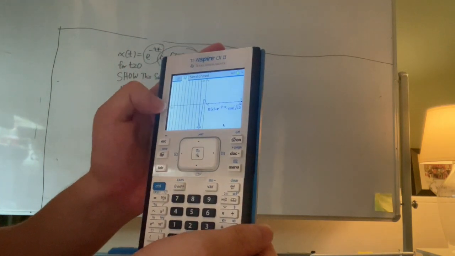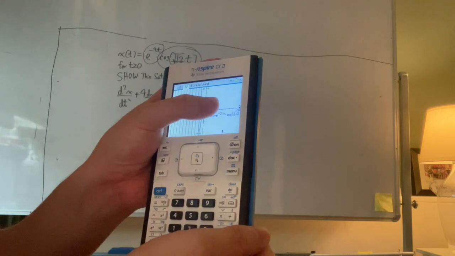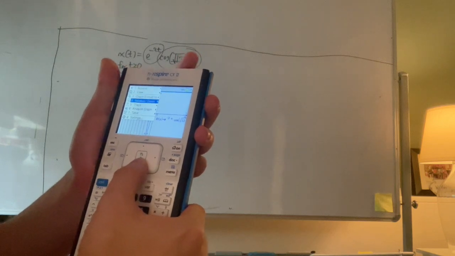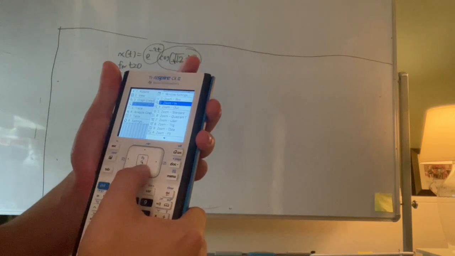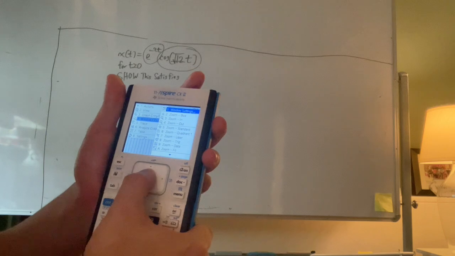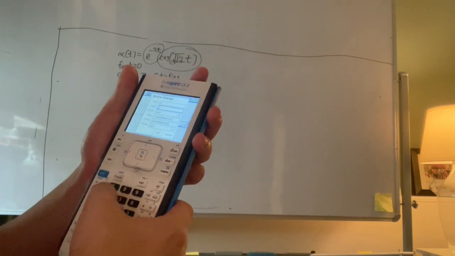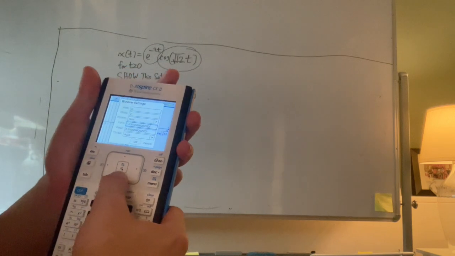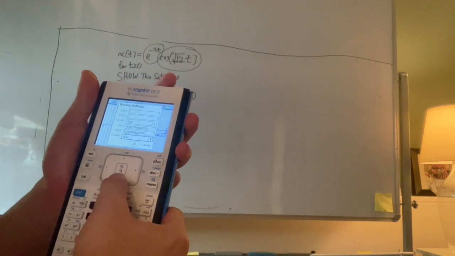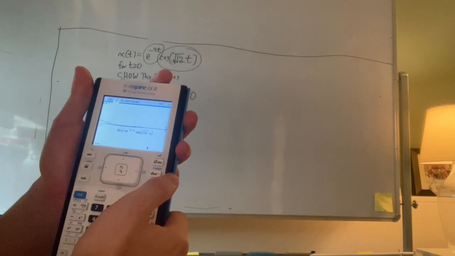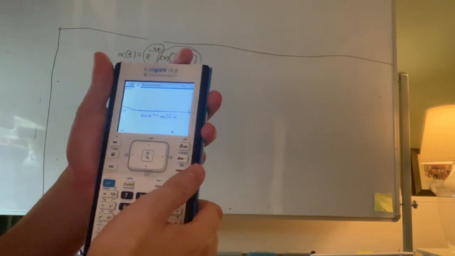Okay, we don't care about the stuff in the negative. We only care about this particular 0 to 2. So then you just have to go to the window zoom, and then window settings. Let this be 0, let this be 2. Let's see how we do with these predetermined Ymax and Ymin. It's a little bit exaggerated. You don't really see a dip over there.